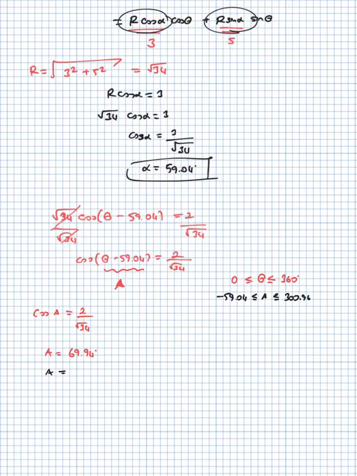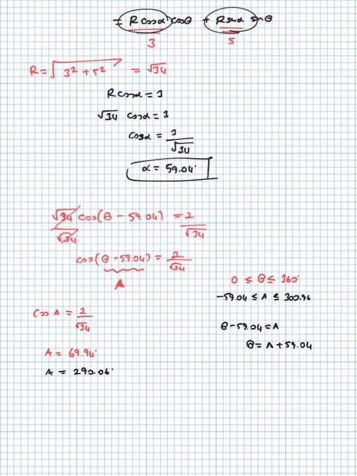And what will be the other angle? That is 360 minus this angle. It will be 290.06 degrees. And what we have here, theta minus 59.04 was A. So theta should be what? A plus 59.04.